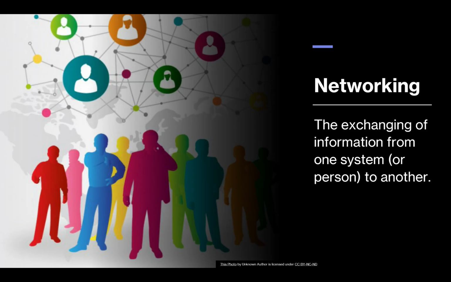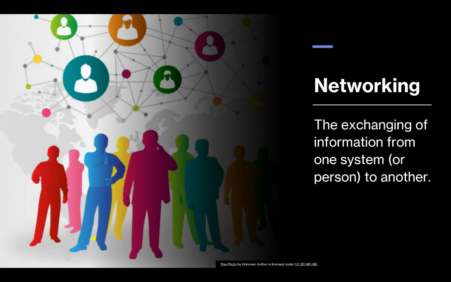Moving on to networking, we have the definition of the exchanging of information from one system or person to another. Now, this could be through social media, in sharing pictures, this could be emailing back and forth between a friend or a coworker, and this could also just be in the form of texting.